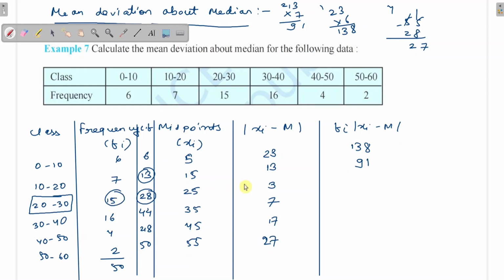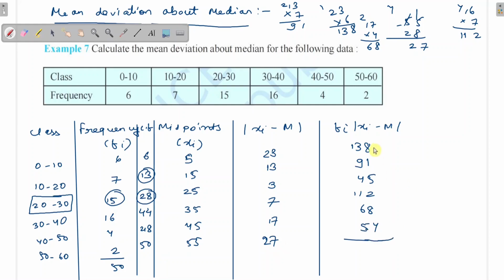Then 15 times 3 is 45. Then 16 times 7 is 112. Then 17 times 4 is 68. Then 2 times 27 is 54.